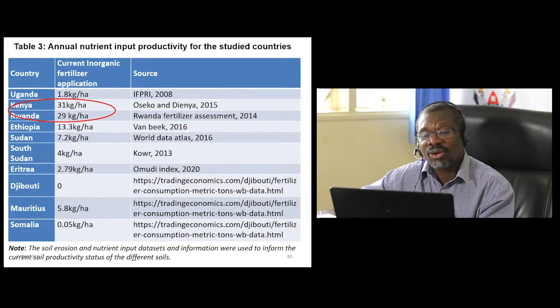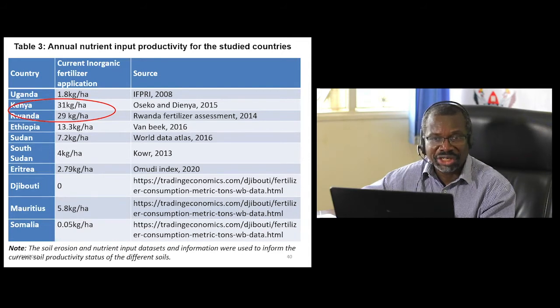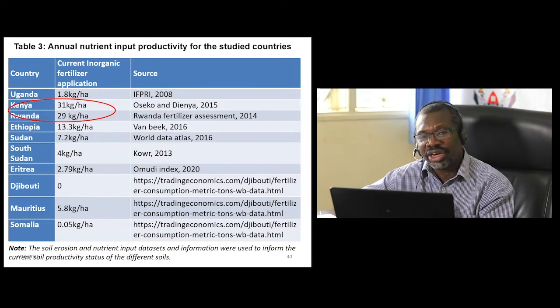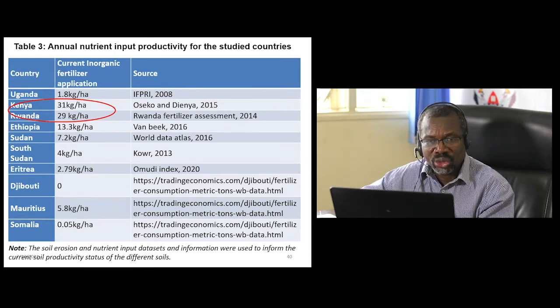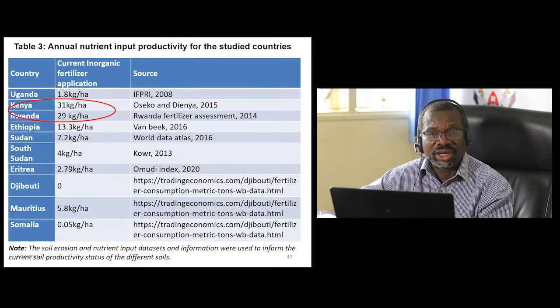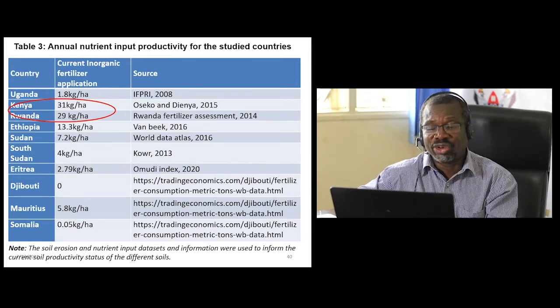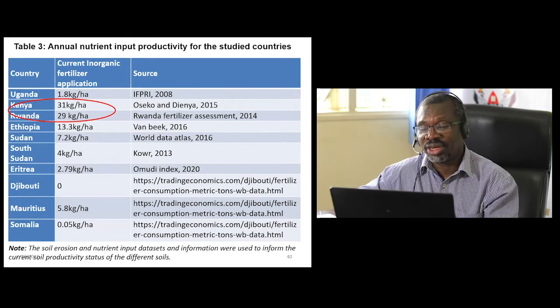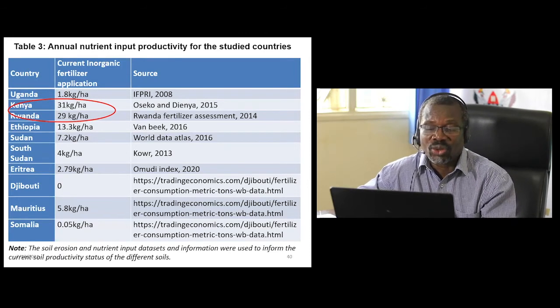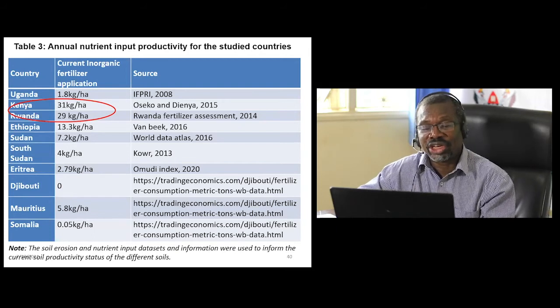What we saw is that in most of the countries, addition of nutrients was very low compared to the recommended in the East African region, which ran between 125 to 250 kilograms per hectare per year for the essential macronutrients. The only countries where there is some relatively good input of nutrients are basically Kenya and Rwanda.